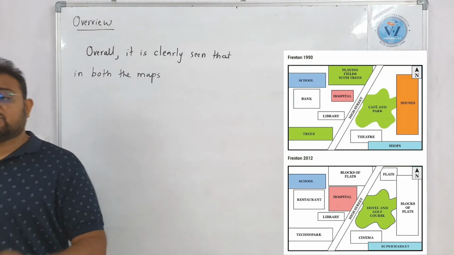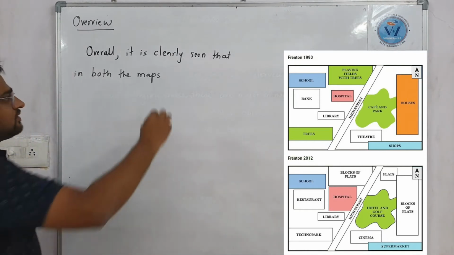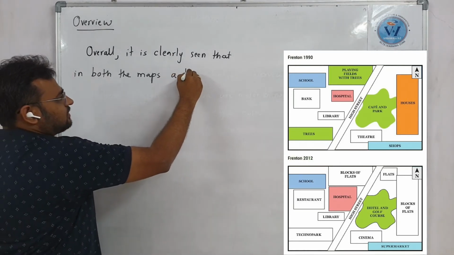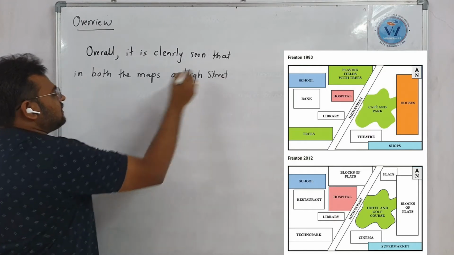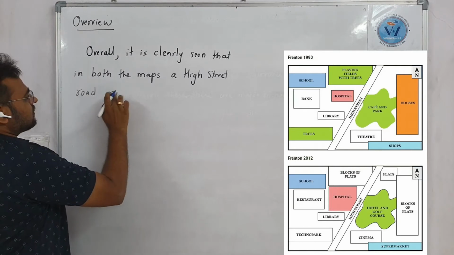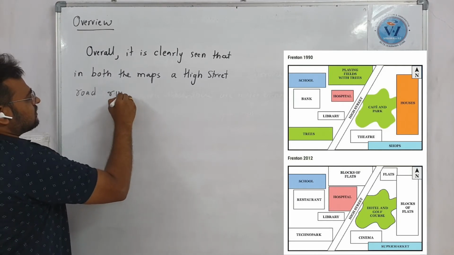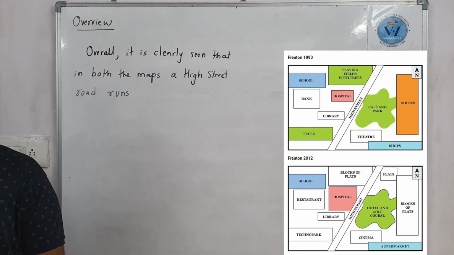Okay. Now the name of the road is given, High Street Road. A High Street Road runs from south to north.